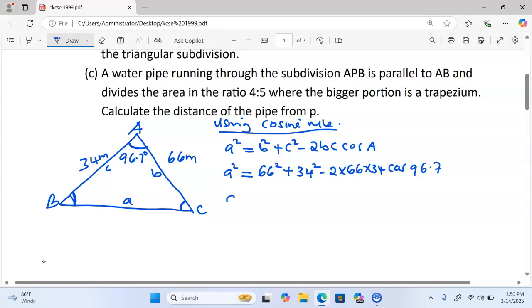We proceed. a squared is going to be equivalent to 66 squared, which gives us 4356, plus 34 squared gives us 1156, minus 2 times 66 times 34 gives us 4488, multiplied by the cos of 96.7, which is negative 0.1167.